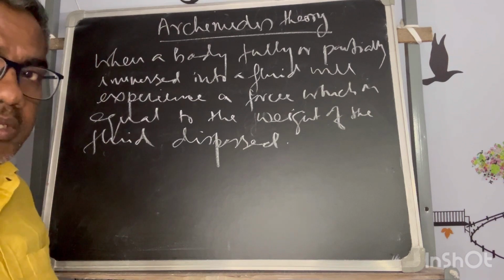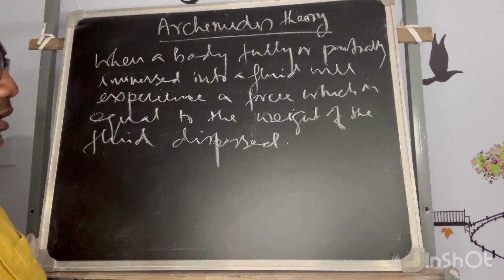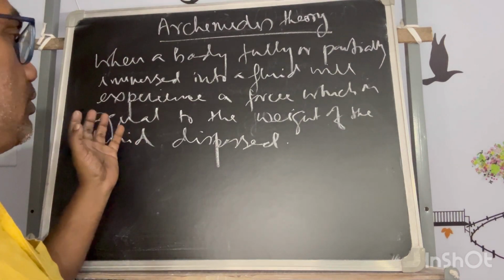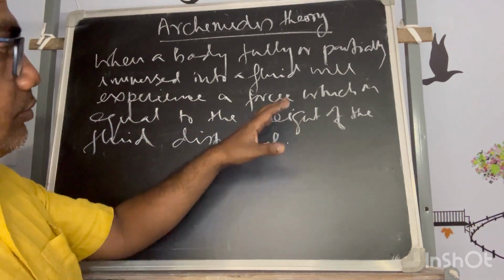So this is the theory, as I explained earlier during buoyancy: the fluid dispersed by the body dipped in a fluid will be equal to the weight of that fluid.